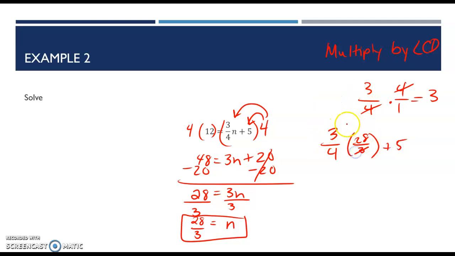And I know that the 3s will divide out, leaving me with 1s in both of those places. And I know that 4 divides into 28 7 times. And so now we have 7 plus 5, which is 12. And so it does work.